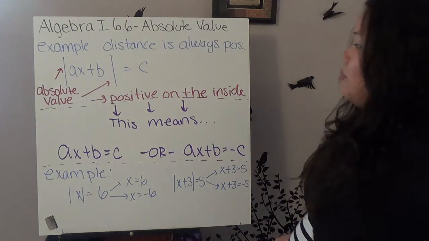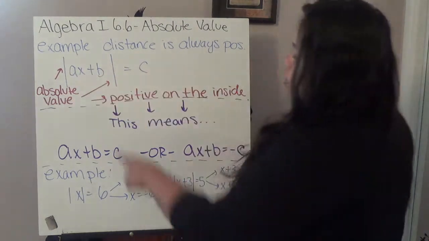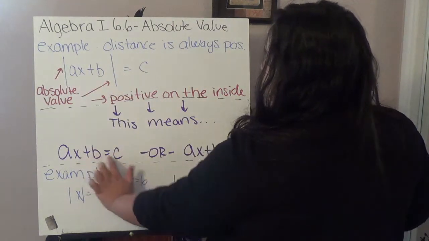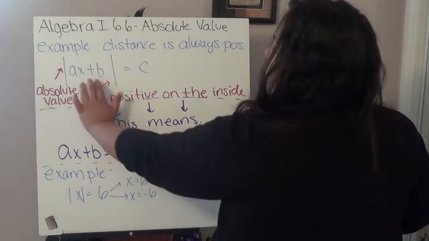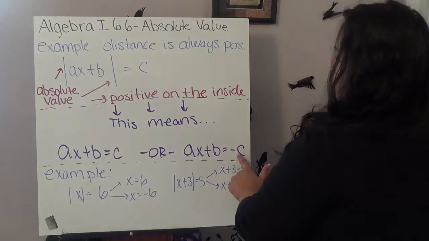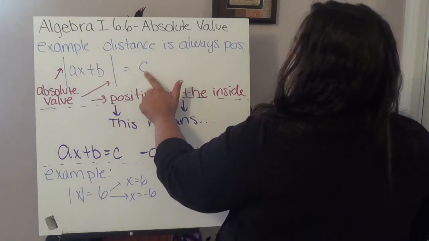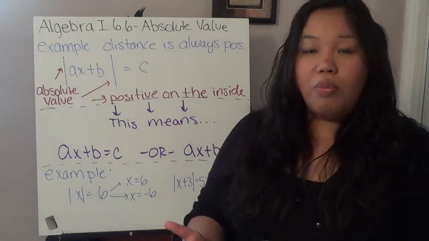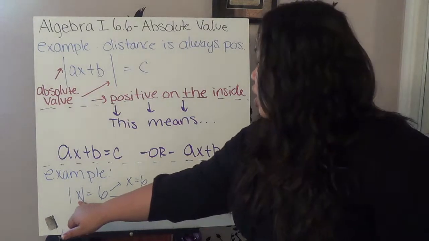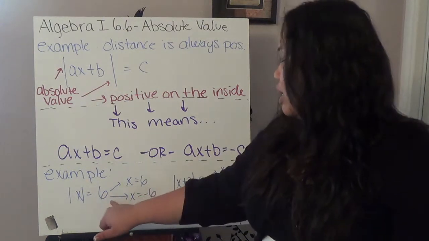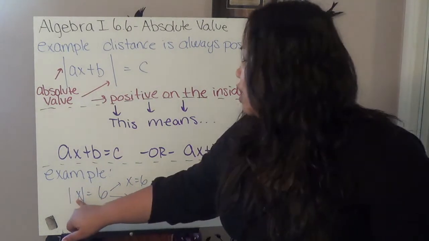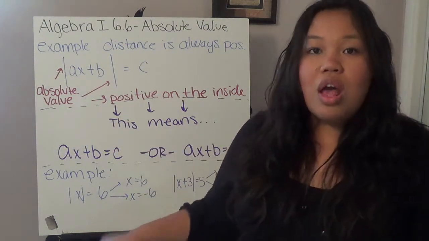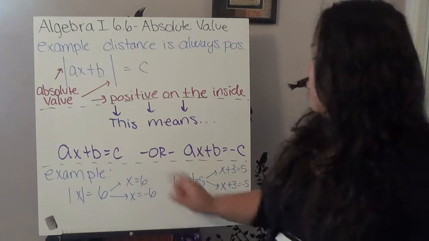If I took away the absolute value, the inside can either equal a positive c or a -c, but no matter what, the answer will always be a positive c, and I have to include all the possibilities. So my x here can either be a positive 6, and I'll still get 6, or it could be a -6 and I'll still get 6 as the answer.